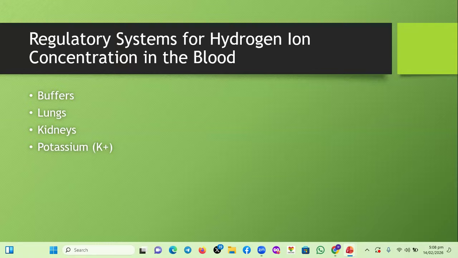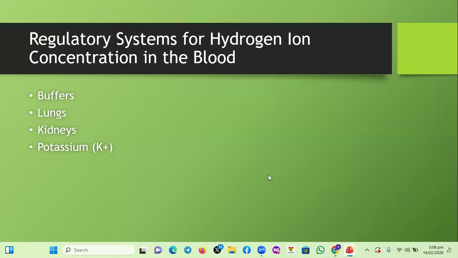For the purpose of the NCLEX, what we need to know is that the lungs and the kidneys are the major organs that help with acid and base imbalances, and how potassium also works to regulate acid and base.